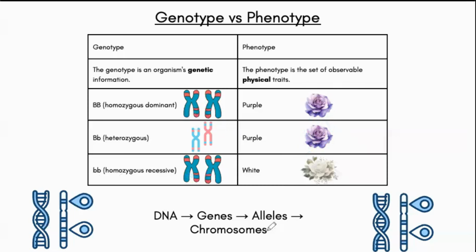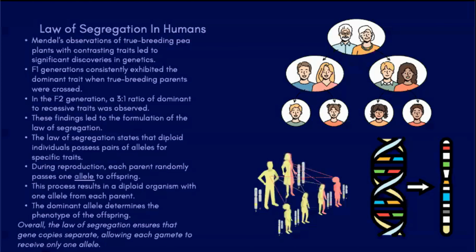So this just shows how DNA influences our genes, which are representative of alleles, which show up on chromosomes. So that's the difference between genotype and phenotype and alleles.